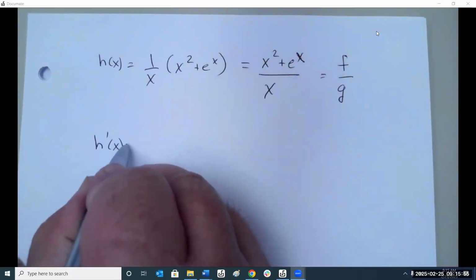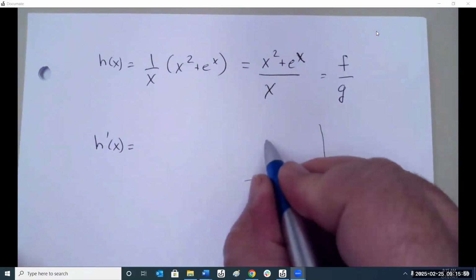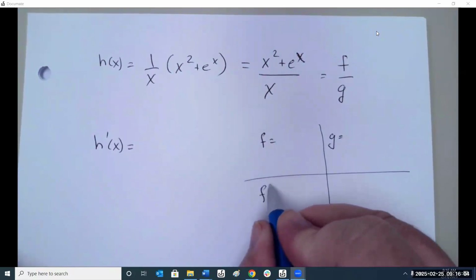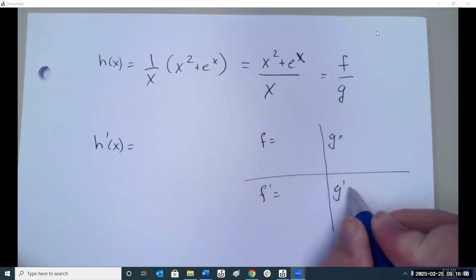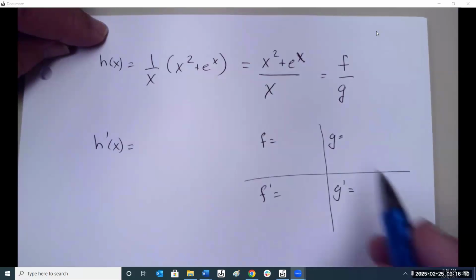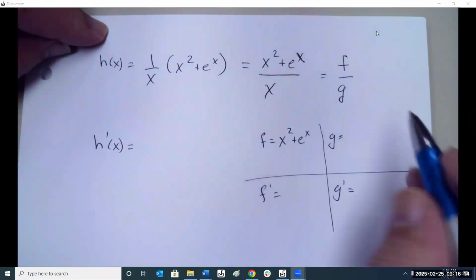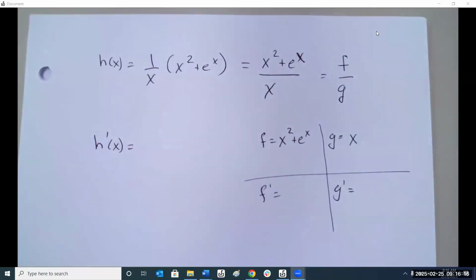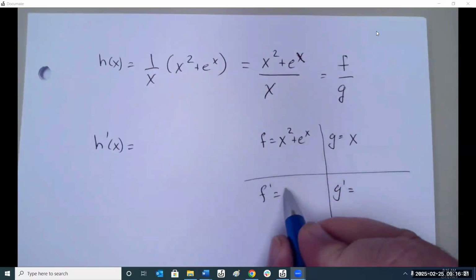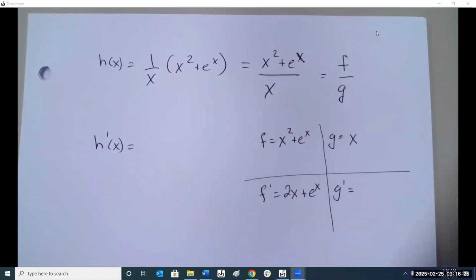To find the first derivative, we use the same fishy. So f is x squared plus e to the x. G is x. The derivative of f would be 2x plus e to the x.